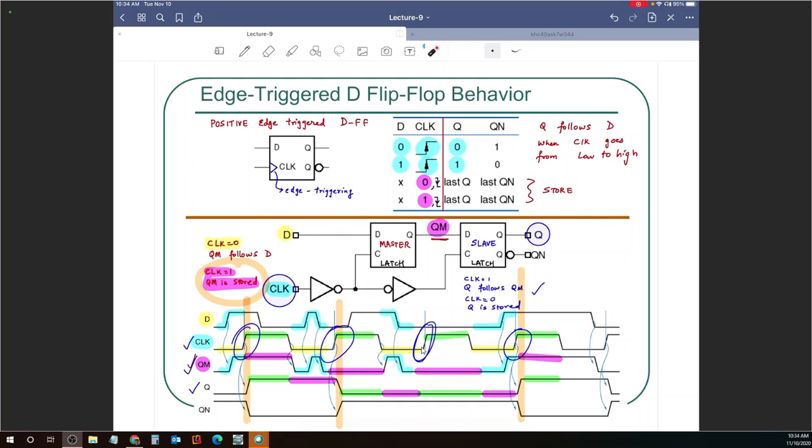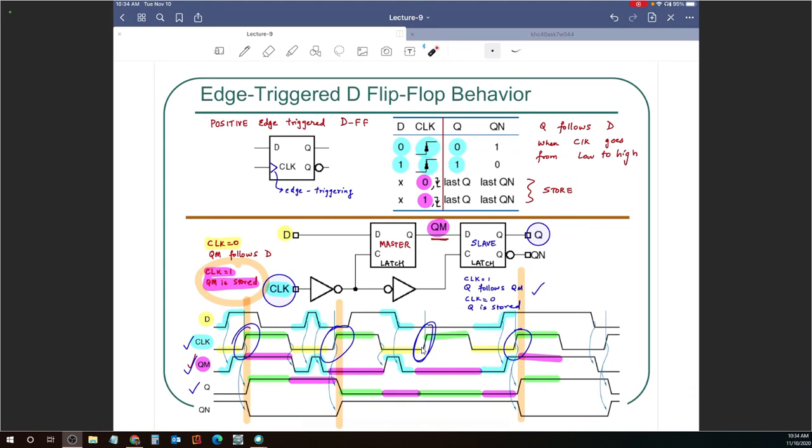Each of these latches is a level-sensitive device. But if I connect them in this master-slave back-to-back configuration and also have the negative level of the clock and the positive level of the clock control or activate the enable input for each of these latches, then I get an edge-sensitive device.